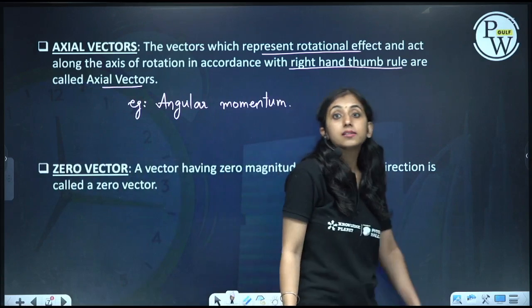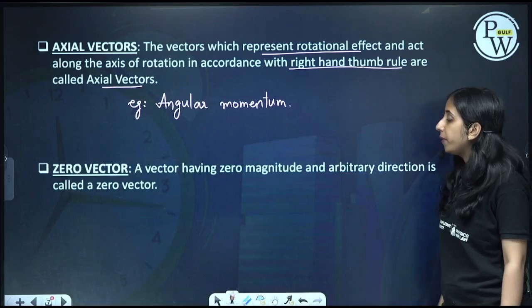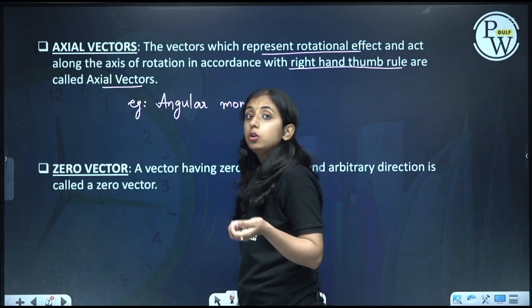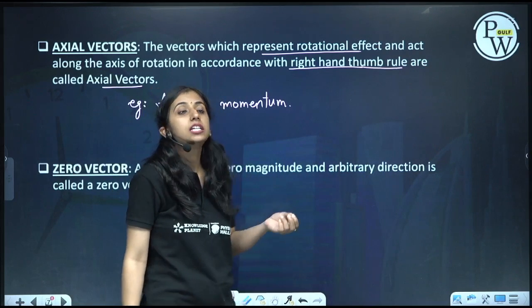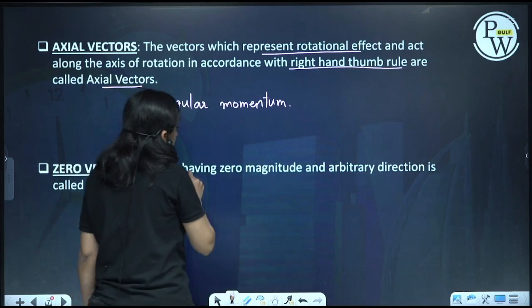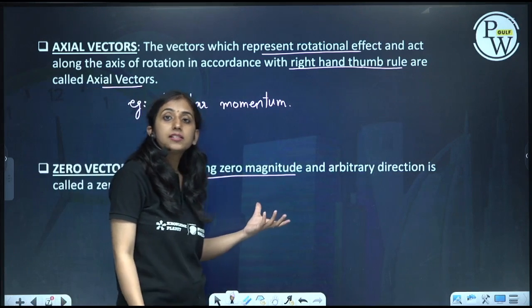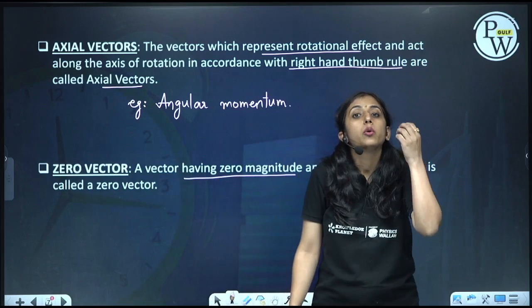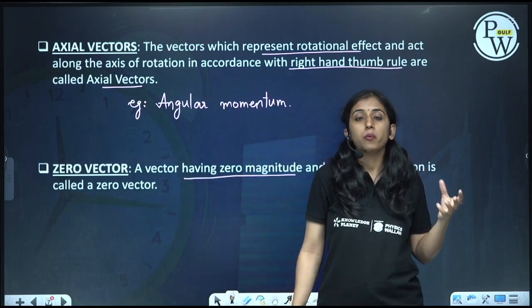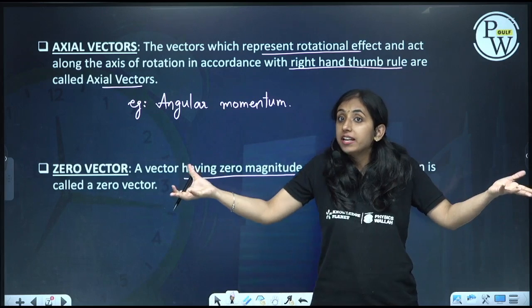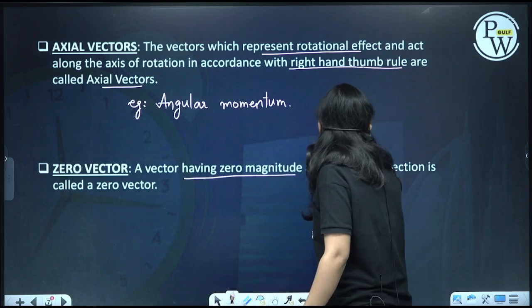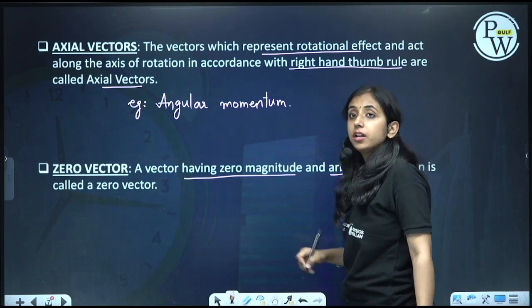Next is zero vector. Any vector whose magnitude is 0. Because this vector has 0 magnitude, its length will be 0. When its length is 0, it can have any arbitrary direction.